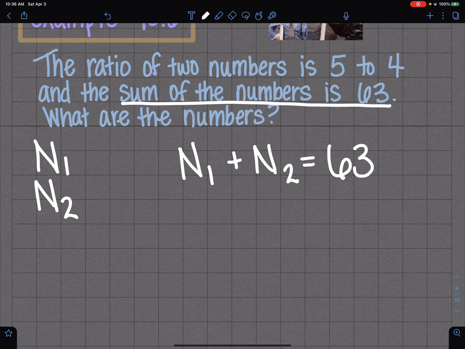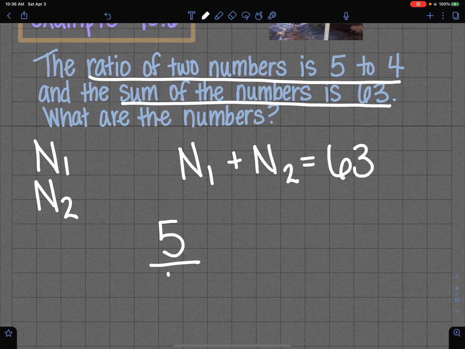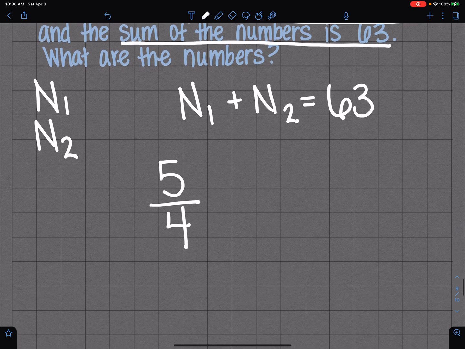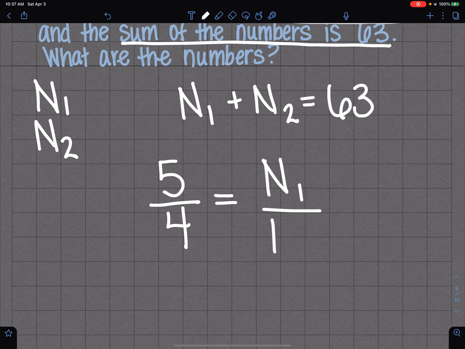Okay, now let's do the harder part. The ratio of the two numbers is 5 to 4. So a 5 to 4 ratio looks like this, and that's going to be equal to the ratio of the two numbers, N1 to N2.